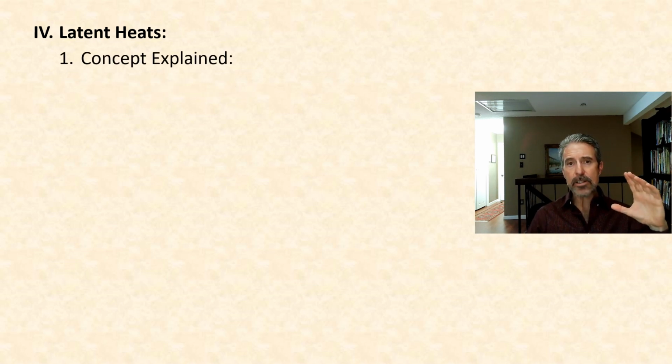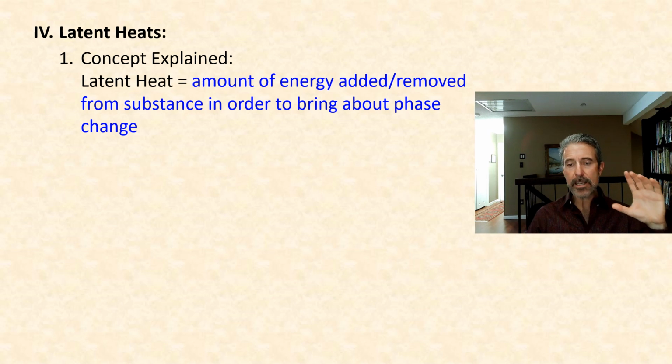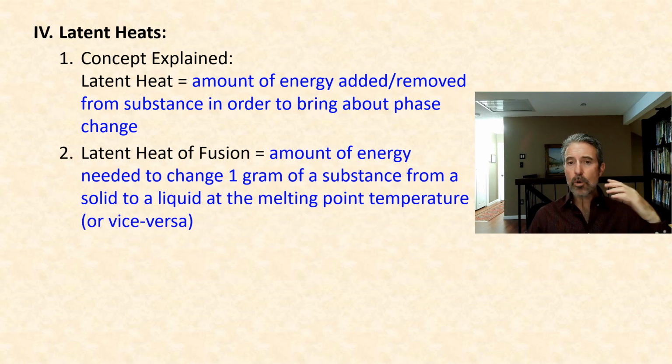The latent heat is really nothing more than the amount of heat, the amount of energy, that must be added or removed from a substance in order to bring about the phase change. Specifically, when we talk about the latent heat of fusion, we're talking about the amount of energy needed to change 1 gram of a substance from a solid into a liquid at the melting point temperature. It turns out for the case of water, for example, that it takes 334 joules of heat to convert 1 gram of water from solid ice at 0 degrees Celsius to liquid water at 0 degrees Celsius.